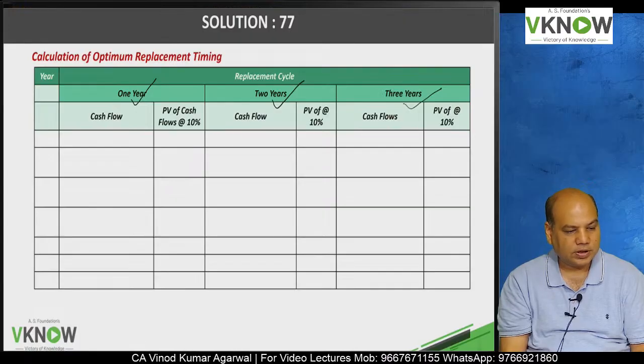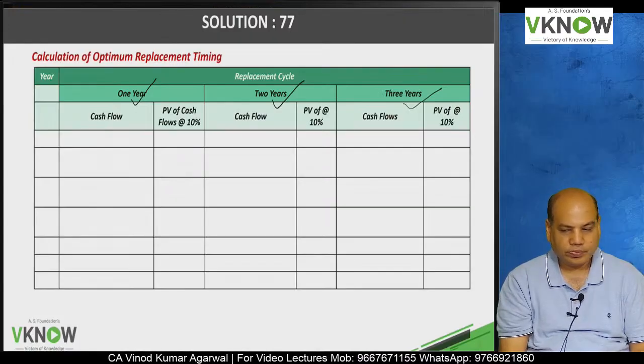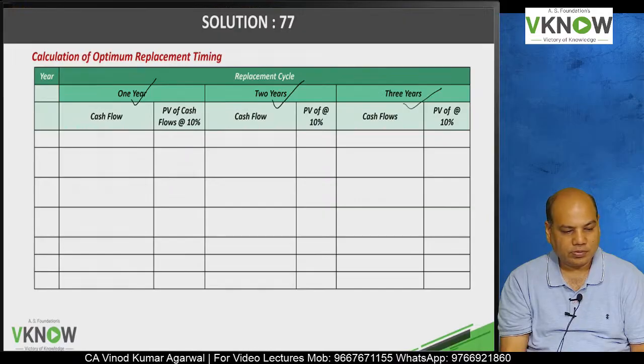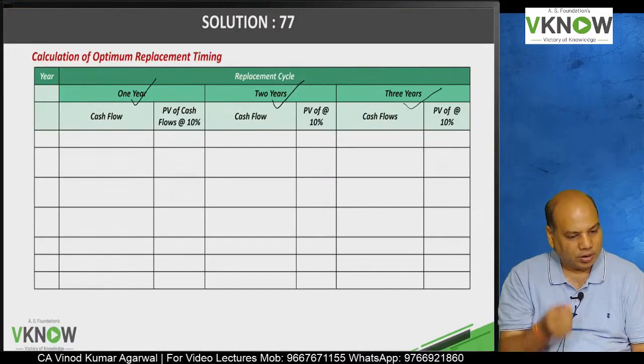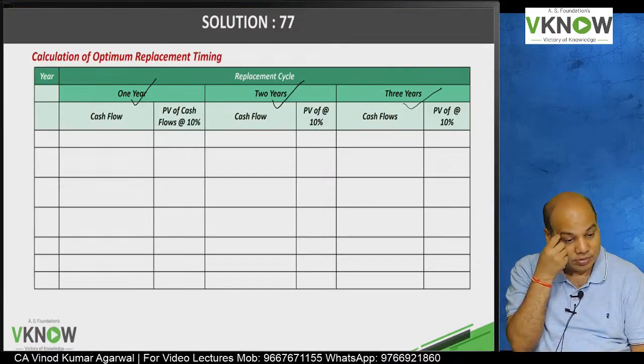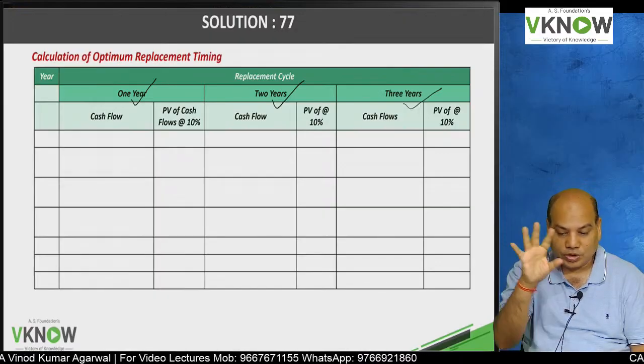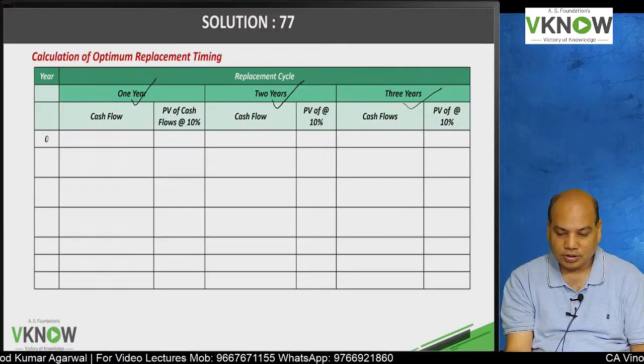This is very similar to the previous question. It has 3 years. The previous question had 4 years, and because of that I wrote separate tables, as it was difficult to fit in one table in the notebook.